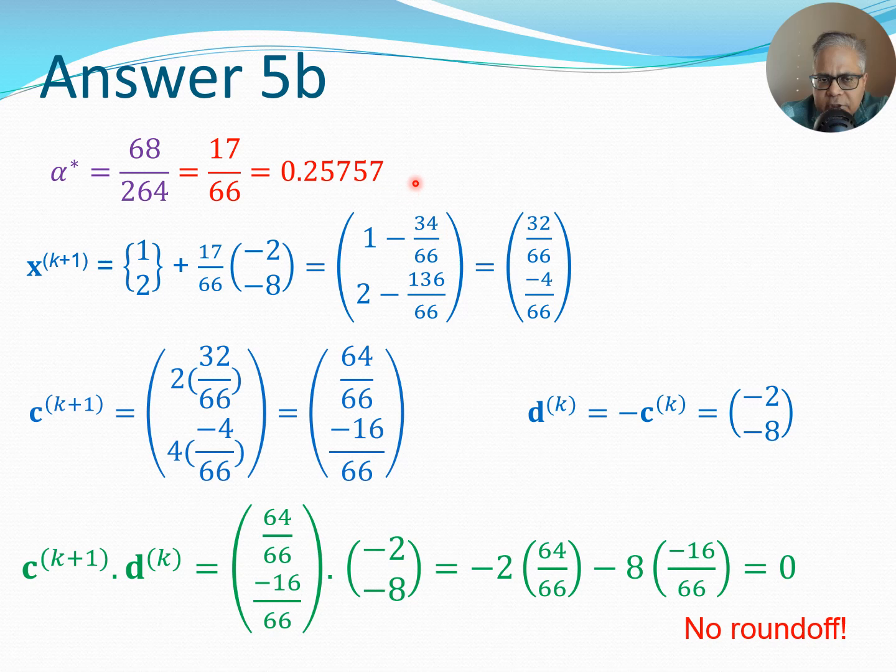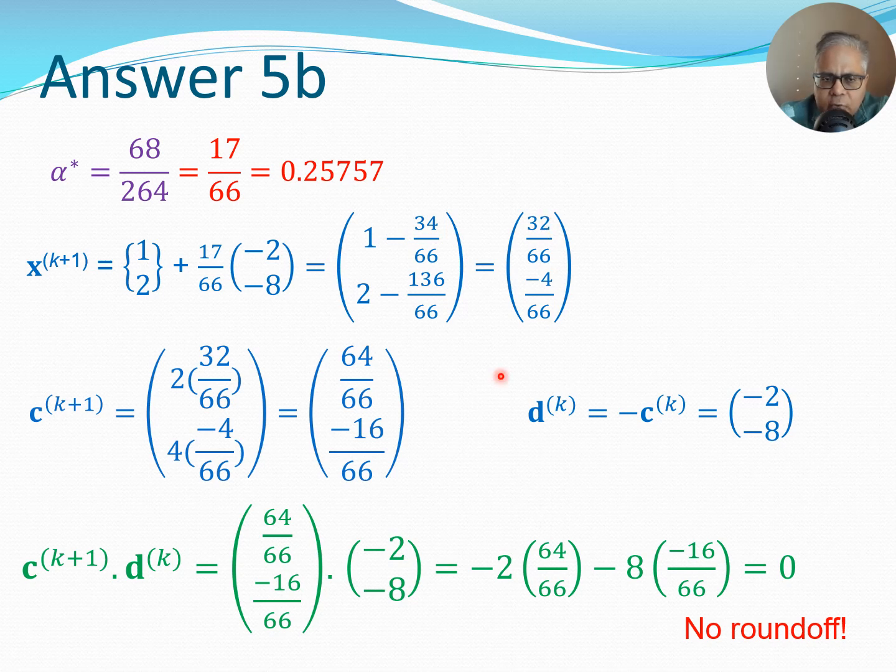But instead of using this decimal up to 5 places, I am using 17 by 66. So I can then do this calculation. I can write this as 1 minus 34 by 66 and 2 minus 136 by 66 by simply doing some multiplications, and then I get this value here.